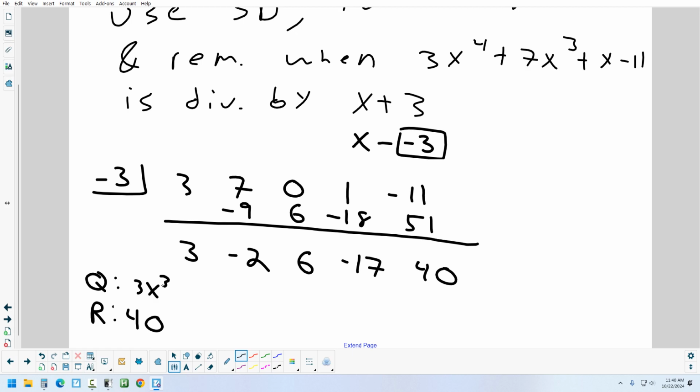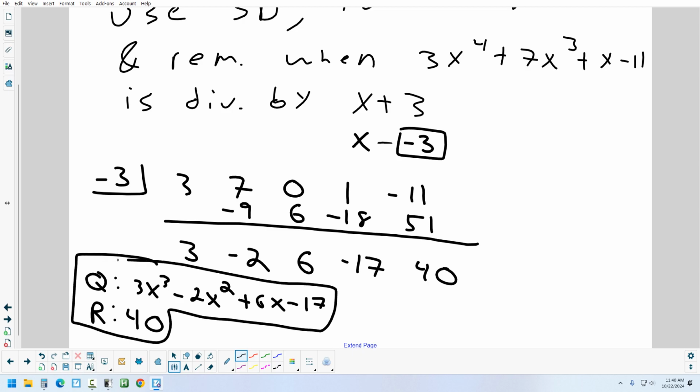Minus 2x squared, plus 6x minus 17. So that's your quotient and remainder. It's a lot faster of an algorithm than long division. Also takes up a lot less space. That's all the work right there.